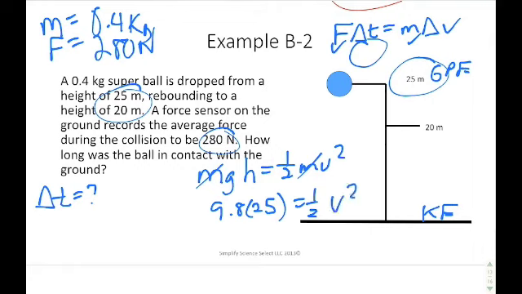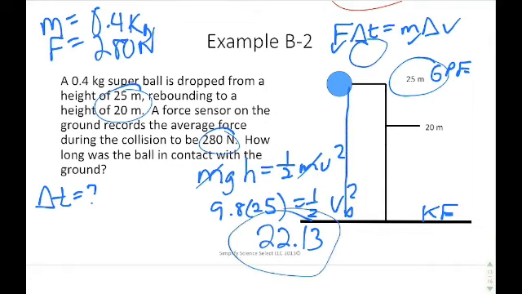So whenever you multiply that out, you get 9.8 times 50, and then you would take the square root of that value, and you would get 22.13. So just before the ball strikes the surface, it has a velocity of, in this case, negative 22.13 meters per second.